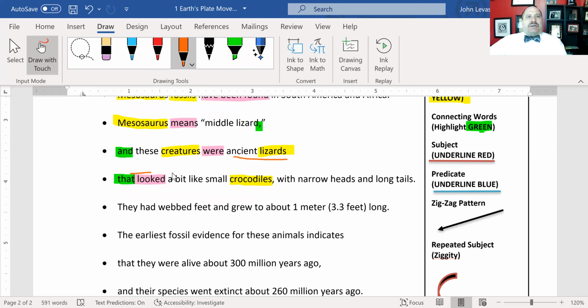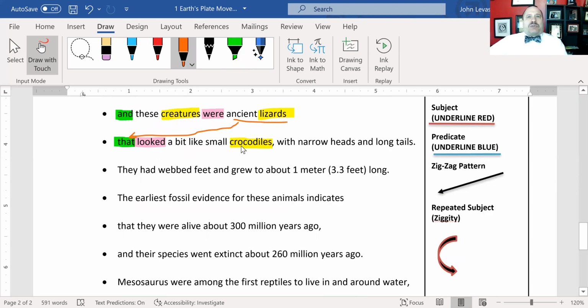That means the ancient lizards. So it's a connecting word that refers to something already discussed. That looked like small crocodiles with narrow heads and long tails, period. So we're not going to see a linking word here.